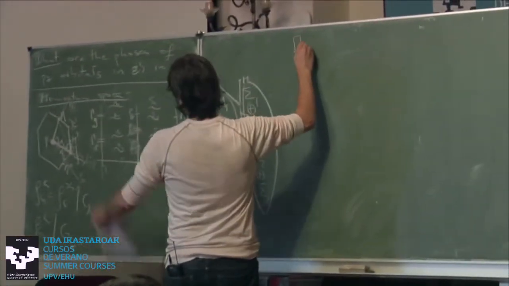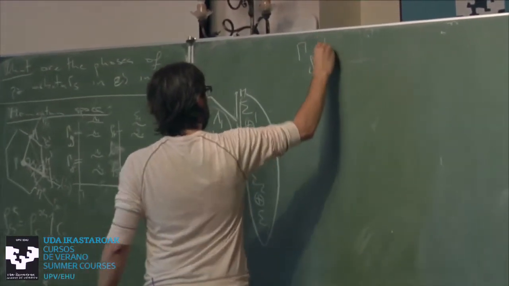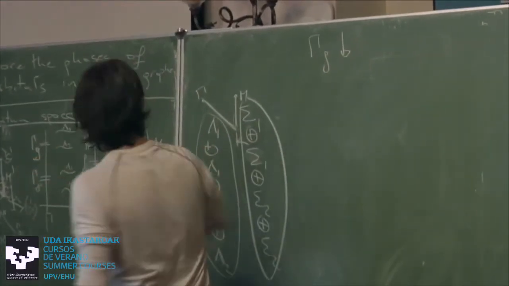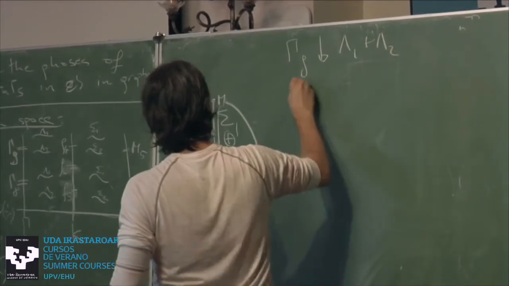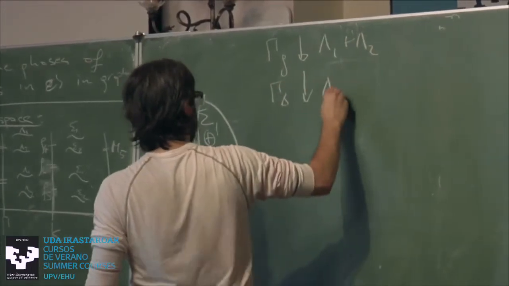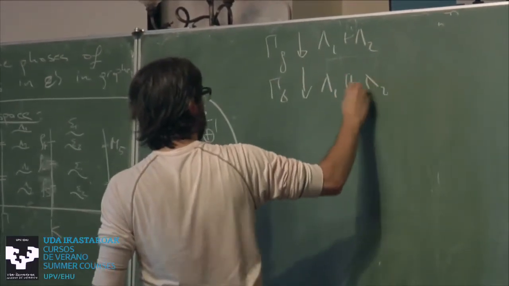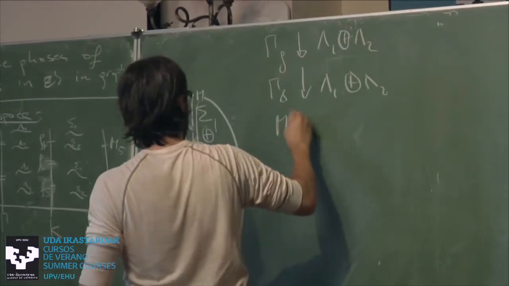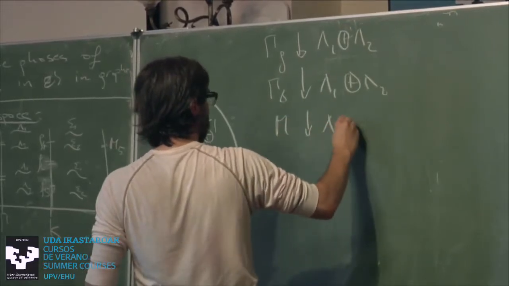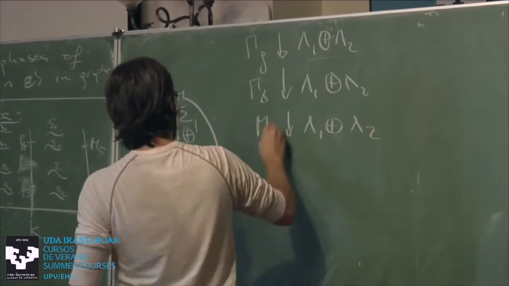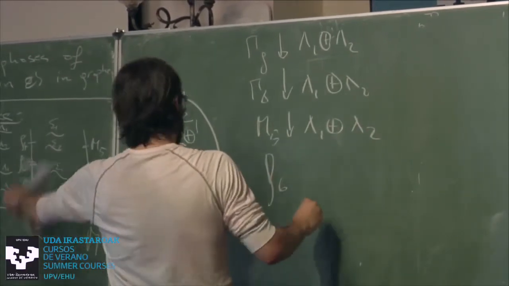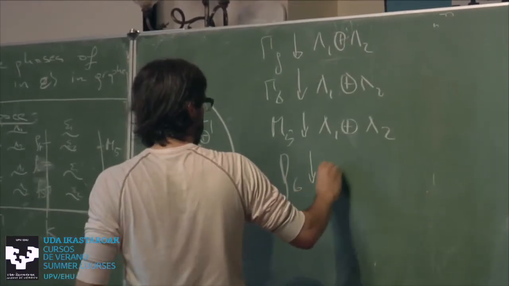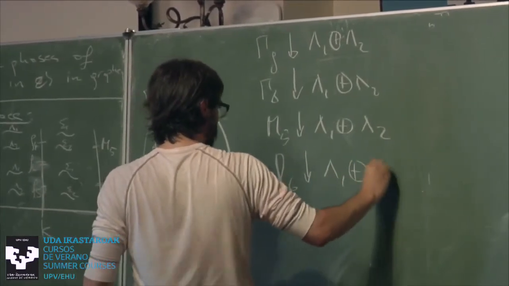And I can tell you that the gamma 9 representation at the gamma point breaks up into lambda 1 plus lambda 2. The gamma 8 representation also breaks up into lambda 1 plus lambda 2. And the M representation breaks up into lambda 1 plus lambda 2. The rho 6 representation, which is at the K point of C3v, breaks up into lambda 1 plus lambda 2.